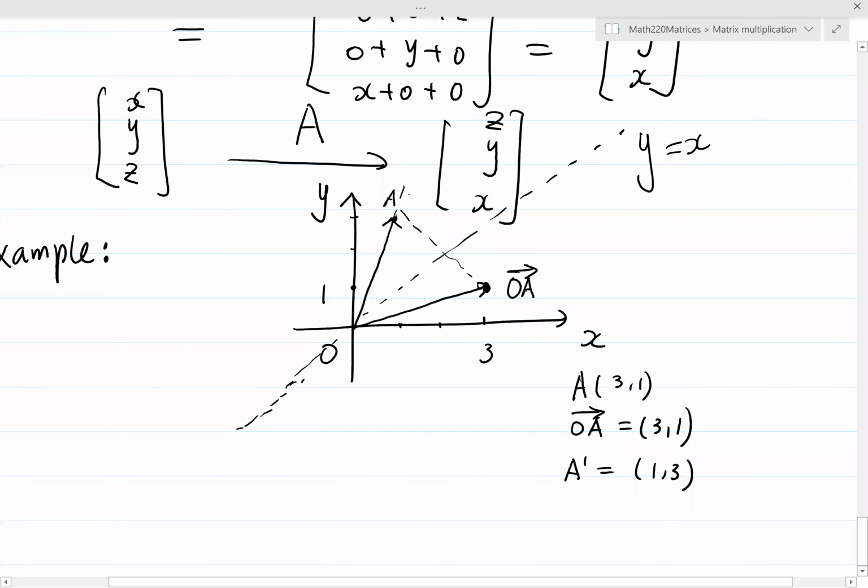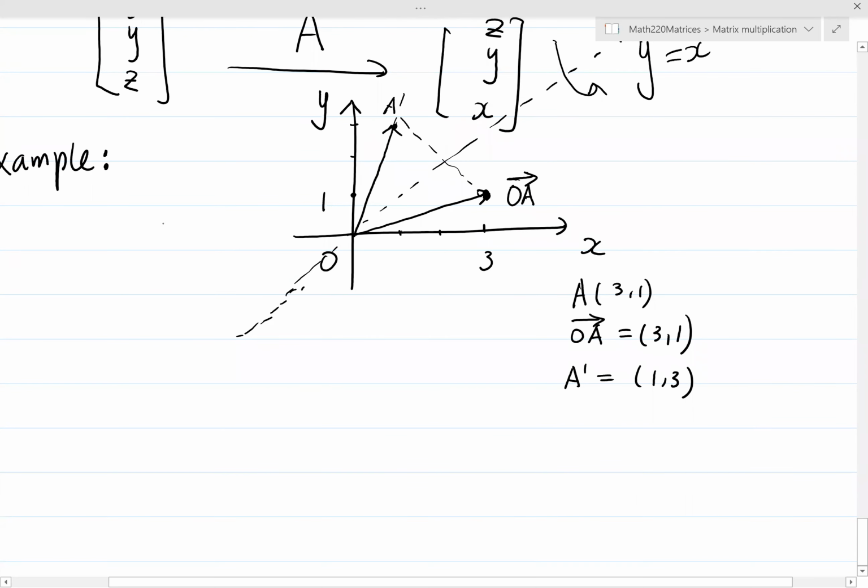This operation, flipping a point with respect to y equals x, we can achieve by a matrix multiplication. If we flip with respect to this line, y equals x, what do we get for the vector I?